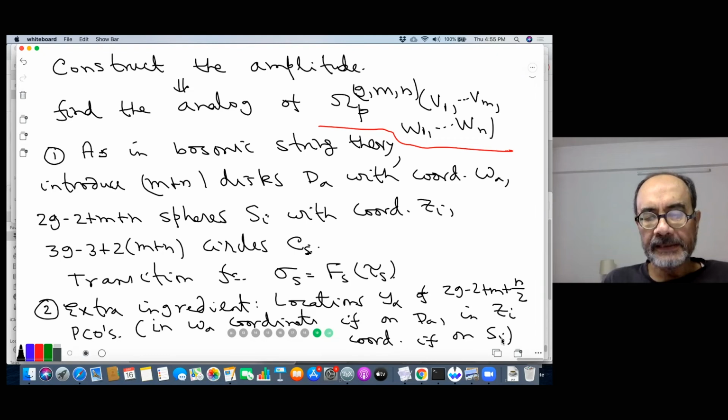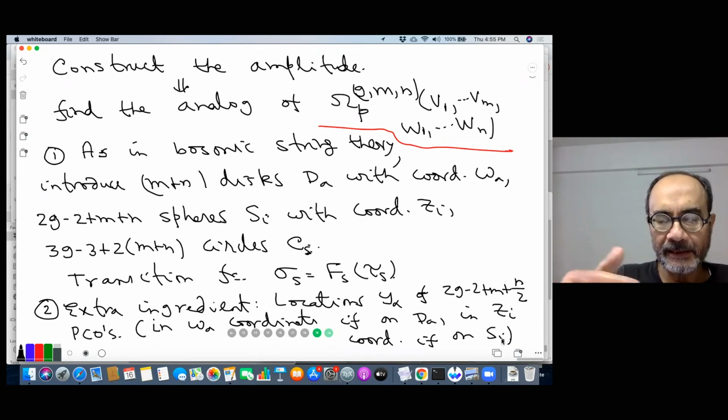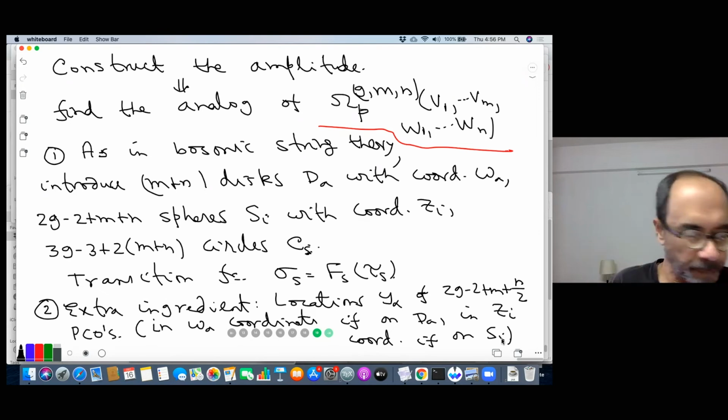Which means that if the alpha puncture is on the disk d_A, y alpha is the coordinate in the w_A coordinate system. If the alpha puncture is on S_I, then y alpha is a coordinate in the z_I coordinate system. It's natural, but that's what you have to choose. Are there questions so far?